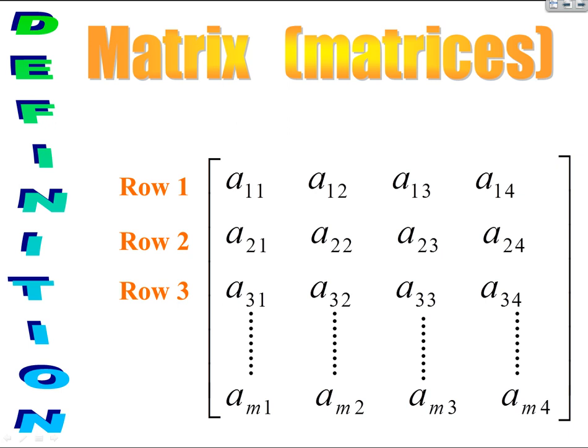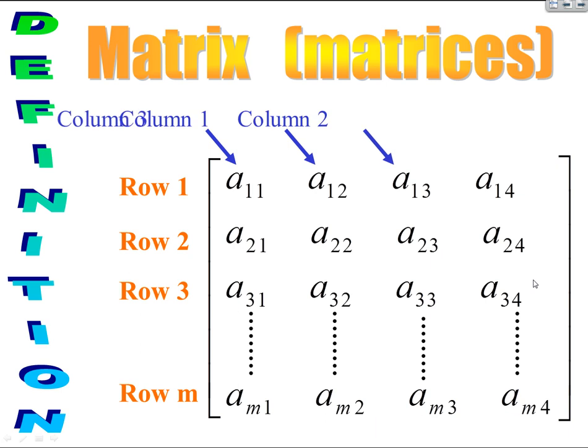It might be 7, it might be 100, it might be 2. So we've got row 1, row 2, row 3. These dots indicate that there's potentially a bunch of other rows. The last row is row m. These are our columns: column 1, column 2, column 3, etc. And if it's generic, we might say it goes all the way out to column 4 in this case, but we might even say column n.